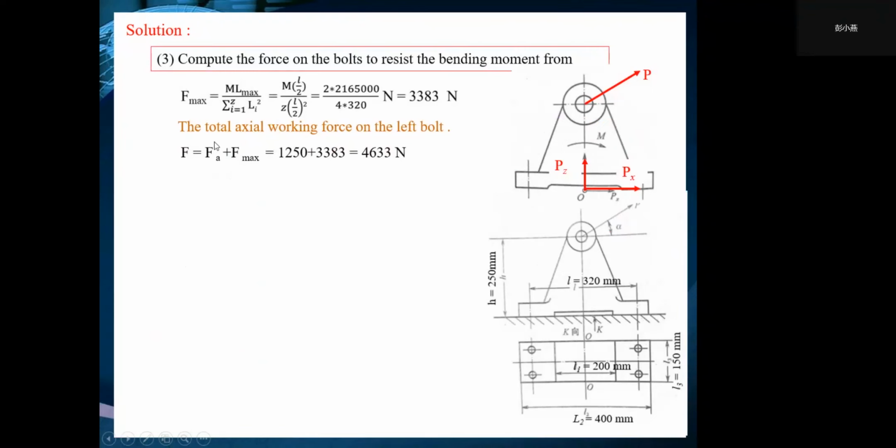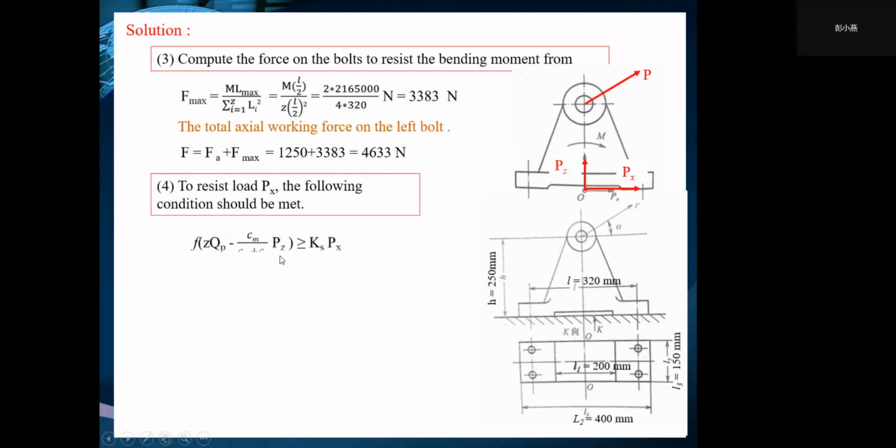Fa is the distribution of total axial force on each bolt, and F max is the maximum force of the bolt to resist the upsetting moment, and then to resist actual load, we have this.